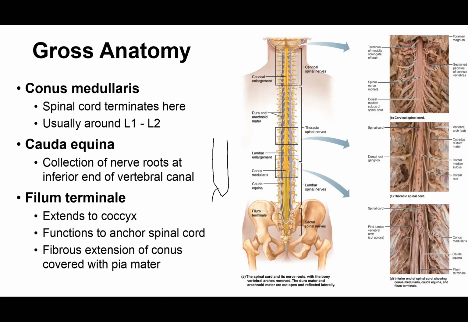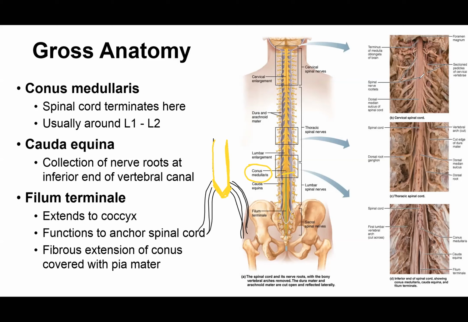And then it's got just some extra loose nerves hanging off of it. But this point that it comes down to is called the conus medullaris. So it comes down to this tip-like point, and that tip-like point region here is the conus medullaris.